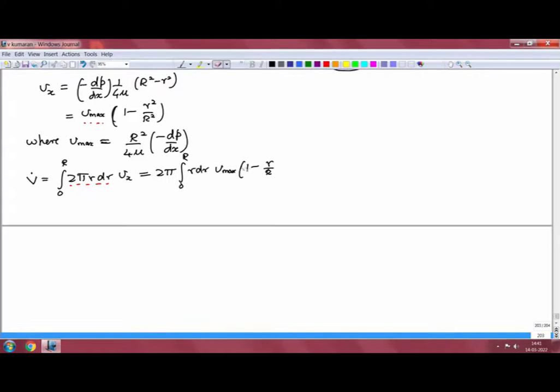So, let me use the pressure formulation, into 1 by 4 mu into R square minus r square.